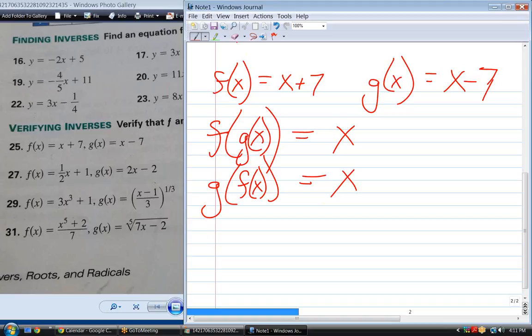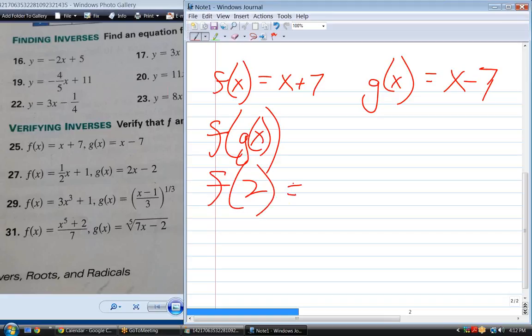Okay? So, let's test this one. What is f of g of x equal to? Do you just multiply? Let's do it step by step. First of all, what would f of 2 be? 2x plus 14?